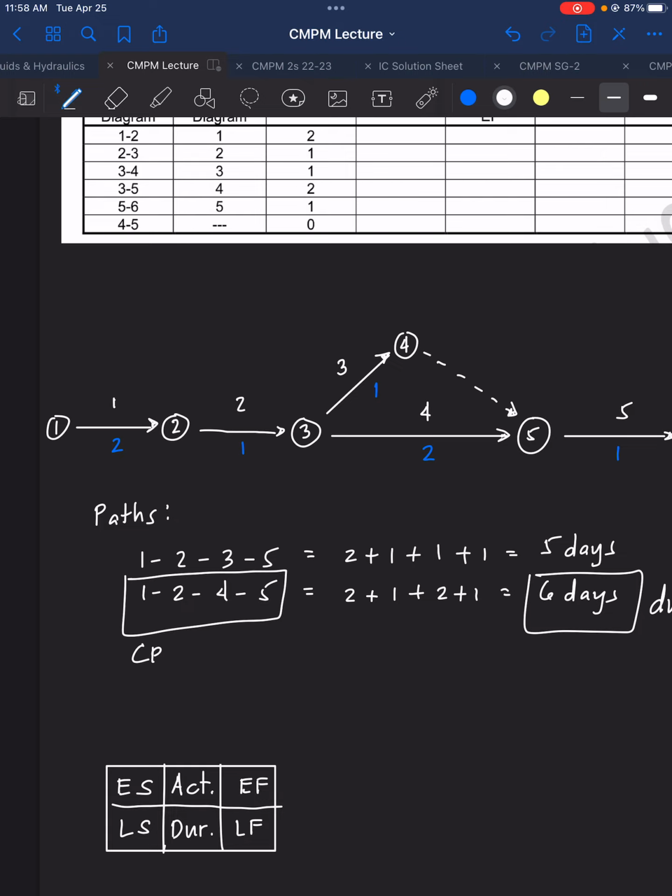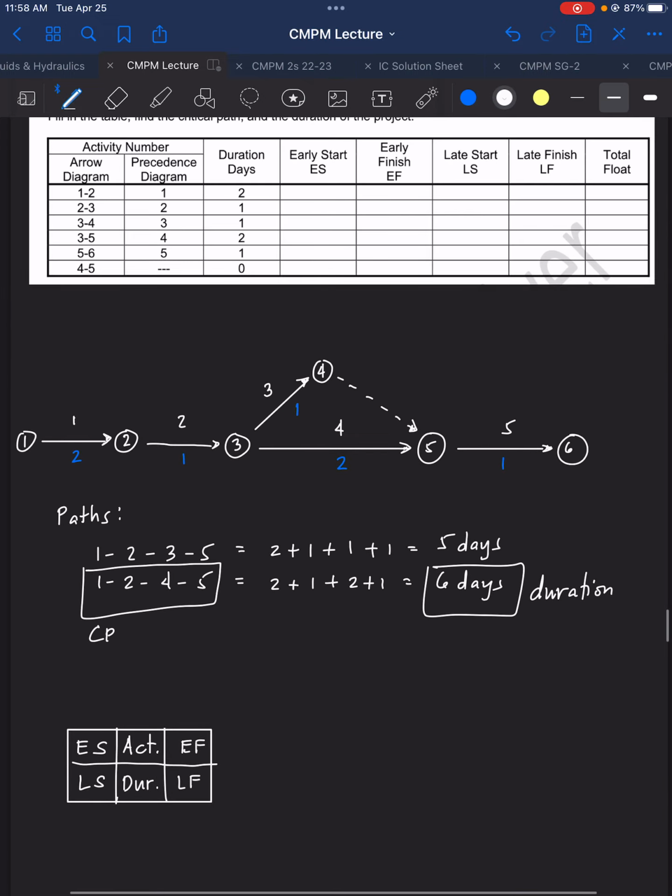Now I will put the table here, starting with activity number 1. I will arrange this first so we can get this properly.